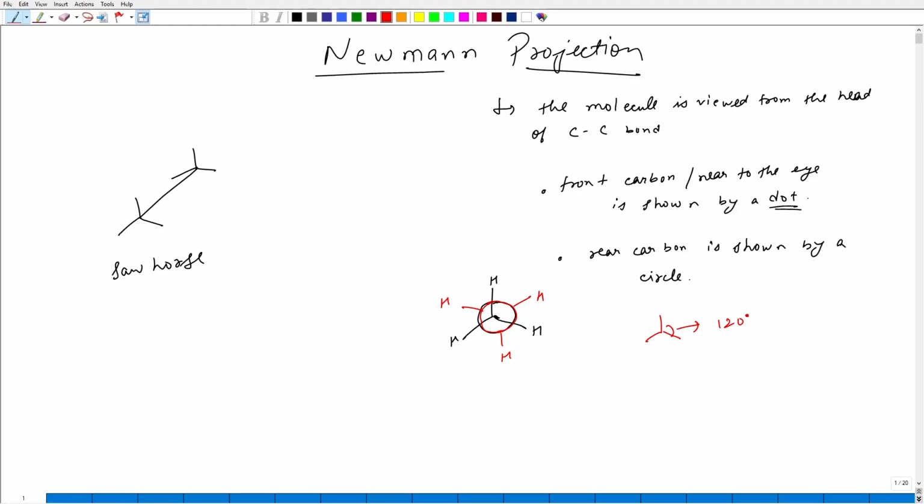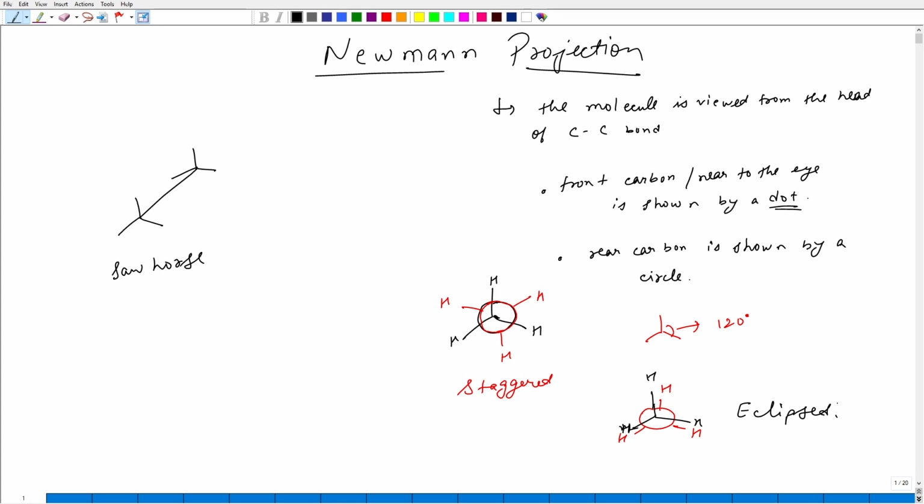This also gives the two conformations, eclipsed and staggered, similar to the case of the Sawhorse projection. This one is a staggered one, where the carbon-hydrogen bonds are away from each other, and this one is the eclipsed.